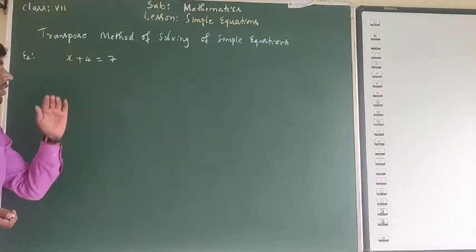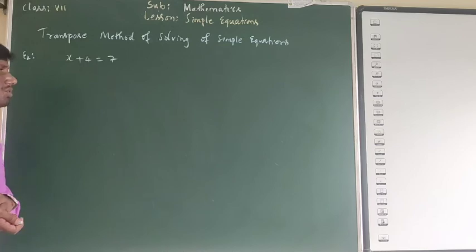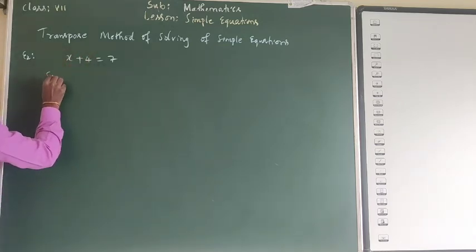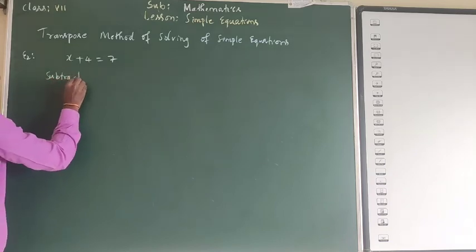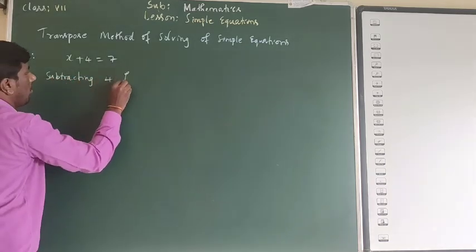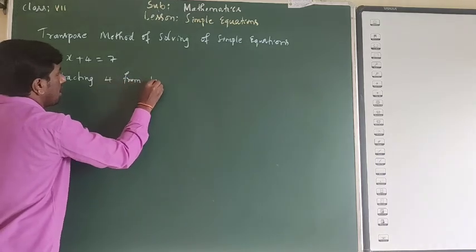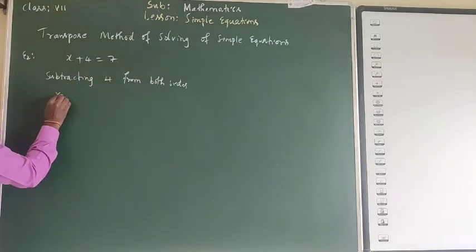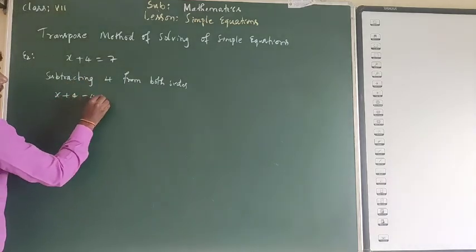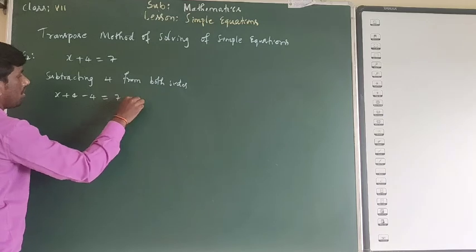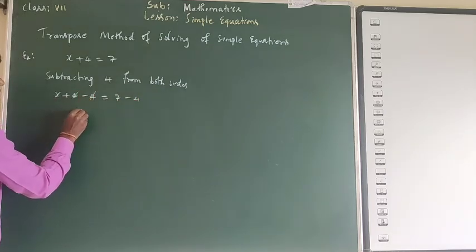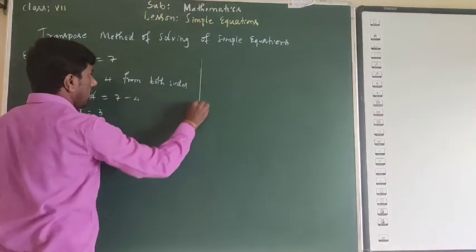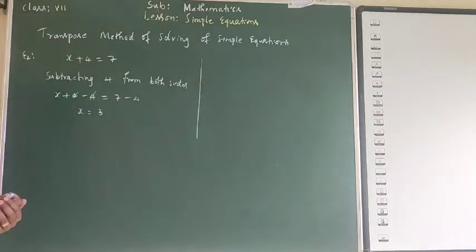In order to find the solution for this equation, since 4 is added here, I subtract 4 from both sides. So x plus 4, we need to subtract 4, and on the RHS also I need to subtract 4. So the 4 gets cancelled, only x is remaining. 7 minus 4 will be 3. Right? This is the usual method, right?